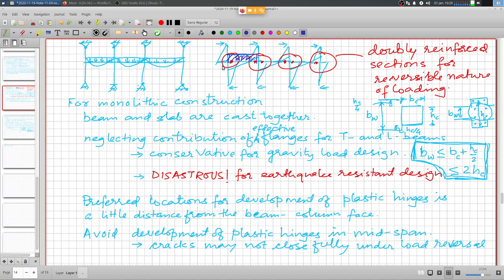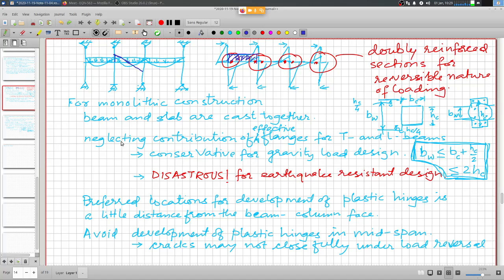And of course, for the gravity load behavior, the shear force diagram is going to be like this. At the point of maximum positive moment, dM by dx is going to be 0, so the shear force vanishes at the midpoint, and it varies linearly through the span.